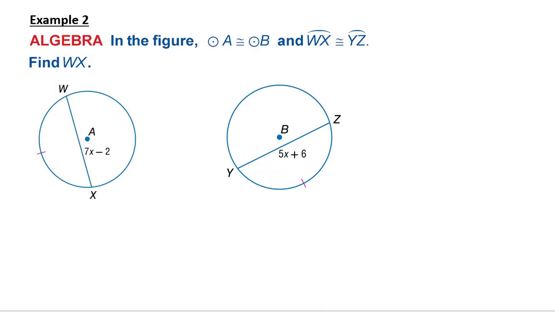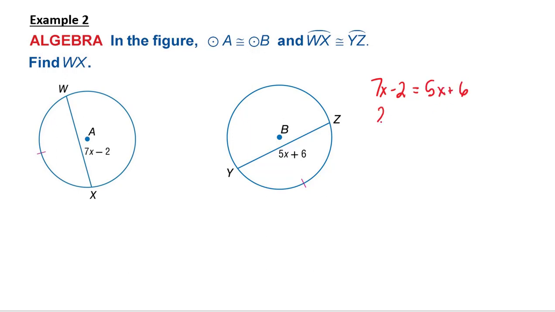Next example, in our figure, circle A is congruent to circle B, and I have that WX is congruent to YZ. I need to find the length of chord WX. Well, if I have congruent arcs, then I have congruent chords. So I have 7x minus 2 is equal to 5x plus 6.